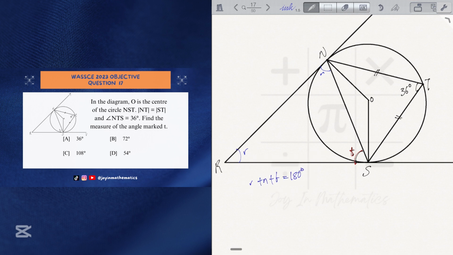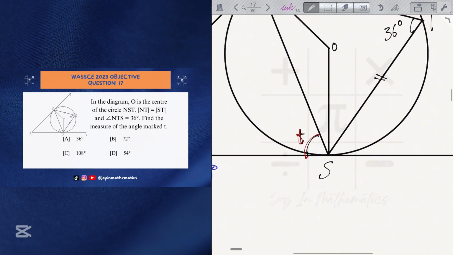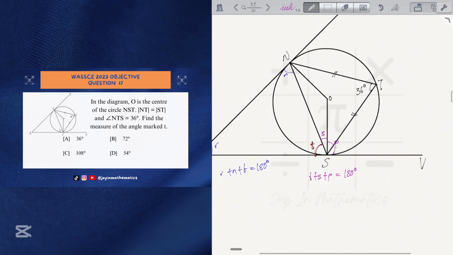Another way to evaluate this angle is by knowing this angle, let's call it S, and also this angle, let's call it P. If you know this angle, then we'll just say T plus S plus P is equals to 180 degrees, because the sum of angles on a straight line is 180 degrees. Now, these are the two possible ways to evaluate this angle T. Now let's proceed on how to solve it.